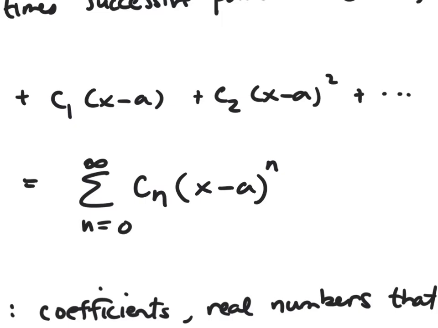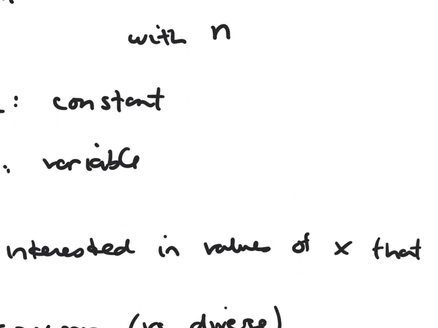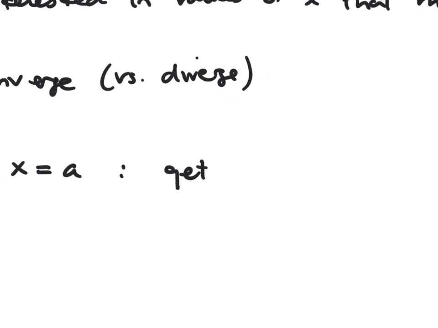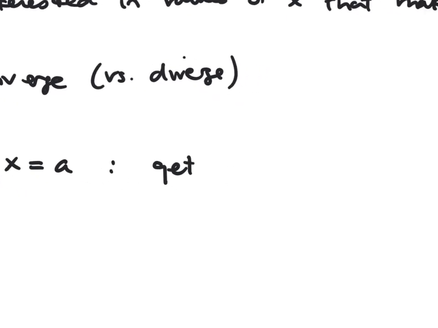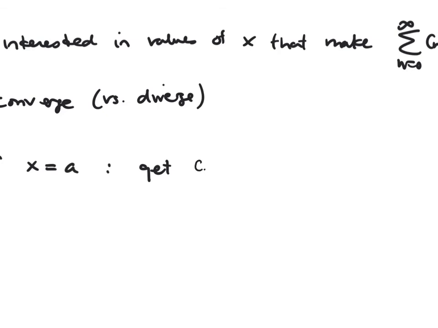But effectively, if we start writing out these terms, let's walk down here. So I'd get, in the first term, C0 times (a minus a) to the 0, plus C1 times (a minus a) to the 1, plus C2 times (a minus a) to the 2, and onward.